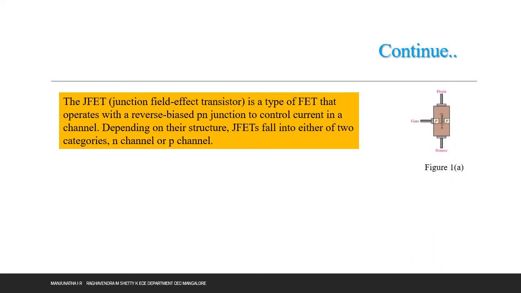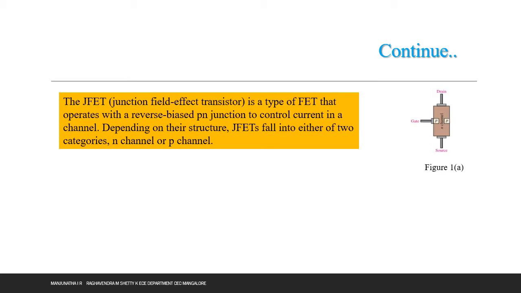From figure 1a, on deep observation, we can say that this device has three different terminals or leads. Drain, gate, source. Drain is connected at the top of the device, gate is connected in the middle of the device, source is connected at the bottom of the device. It's an N channel JFET.